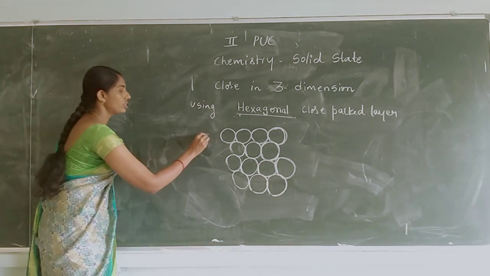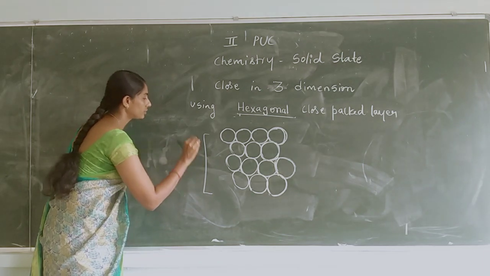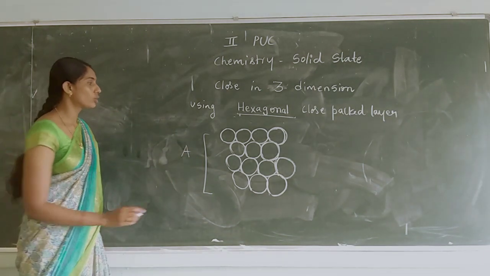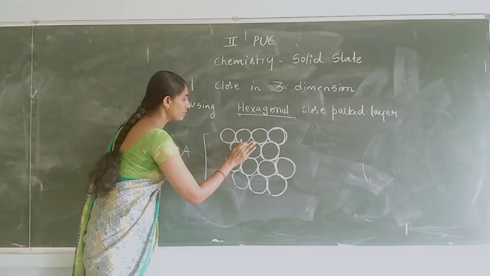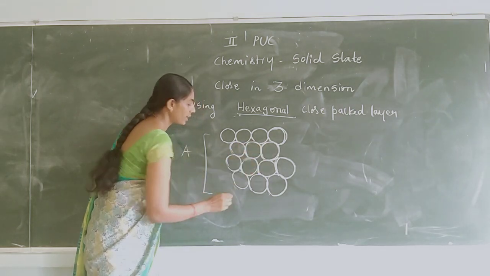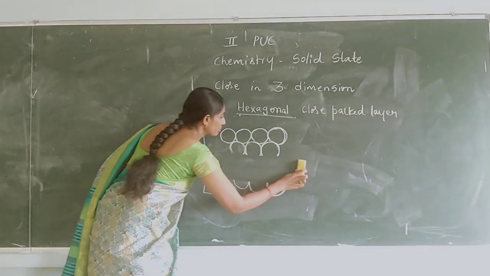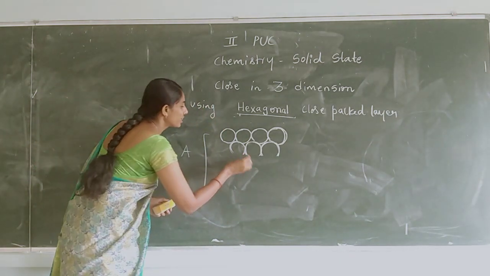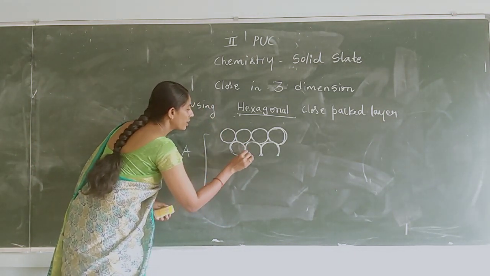Okay, so this is your first layer. In case of the hexagonal close packed layer, the voids generated are triangular in shape. Okay, voids generated are triangular in shape.